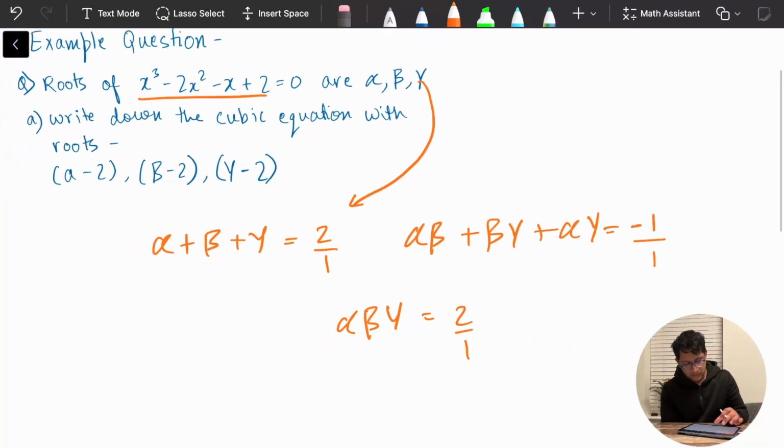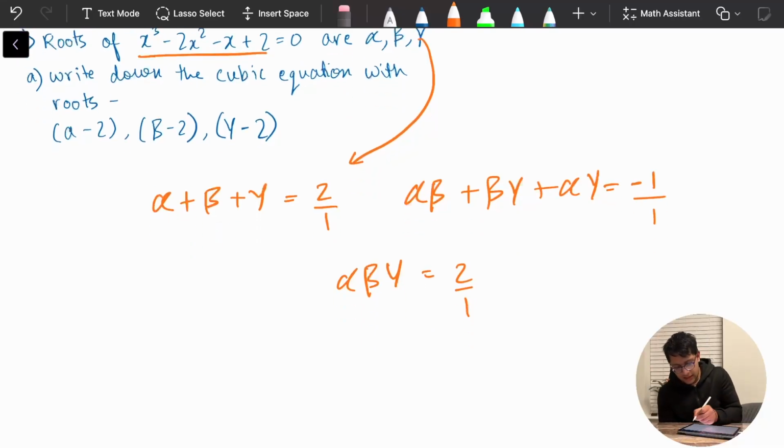Cool. So firstly, let's just establish these, and then you start to work out. You can sort of backtrack. So far we've been using the solutions to the roots to figure out minus b by a, minus c by a. You can actually backtrack as well.